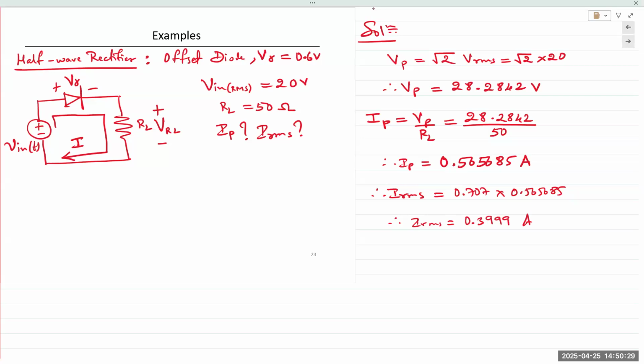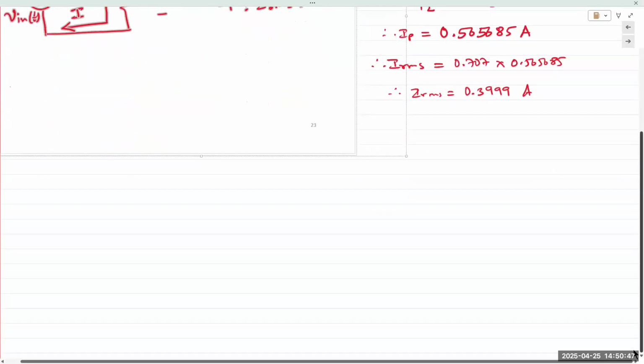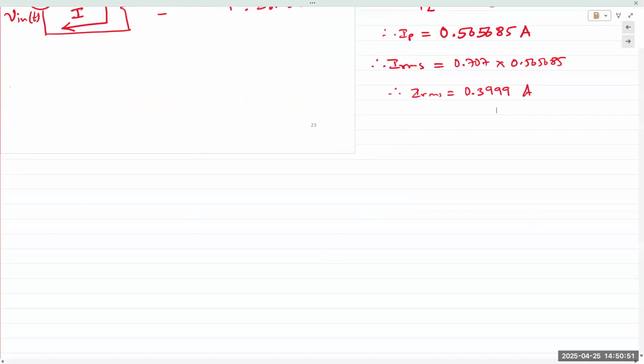Here in 99.9 milliamps, I think. Yes. Okay. All right. So now what is the average value of the waveform though?